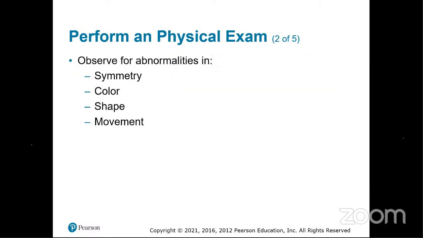Observe abnormalities in symmetry, meaning one side is bigger than the other. Same with color, bruising or rashes or anything like that. Shape too. If all of a sudden his right leg's got a nice S to it and his left doesn't, then we're going to look to see if there's something wrong there too, right? And then movement.